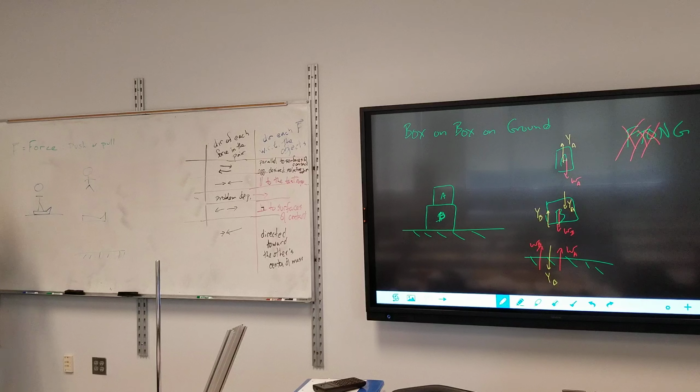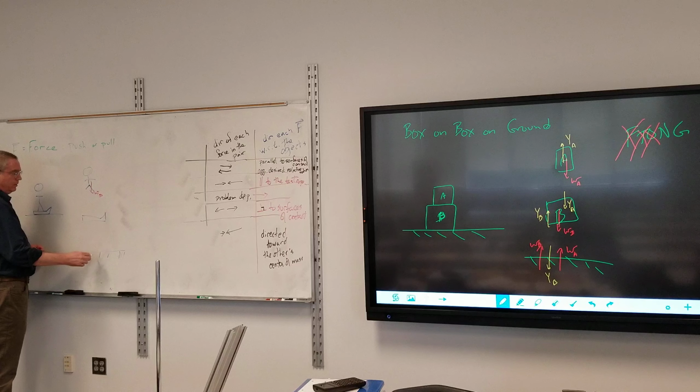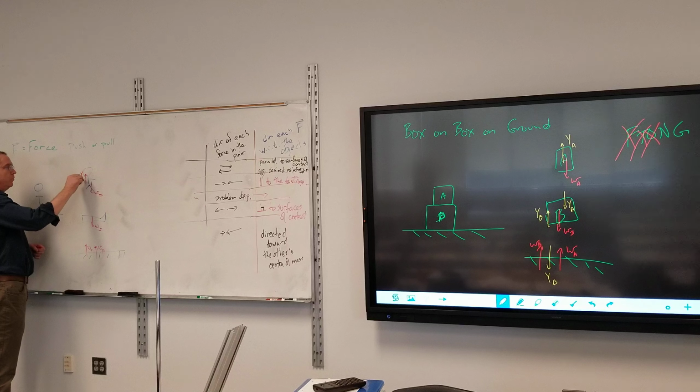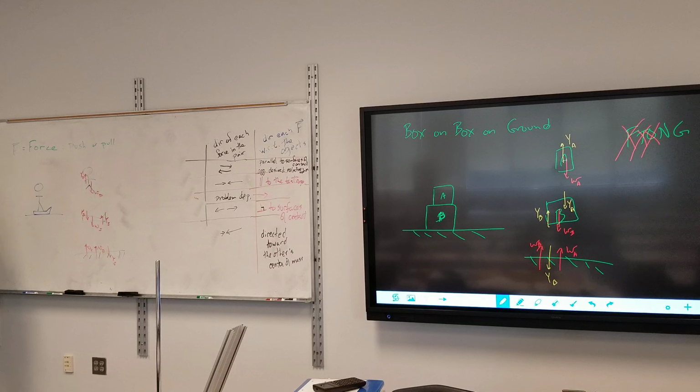I'm gonna change subscripts because that's just my thing. I got weight of person, weight of scale, normal force on person, normal force person exerts on scale, and then normal force from scale back. All I've done is change subscripts.